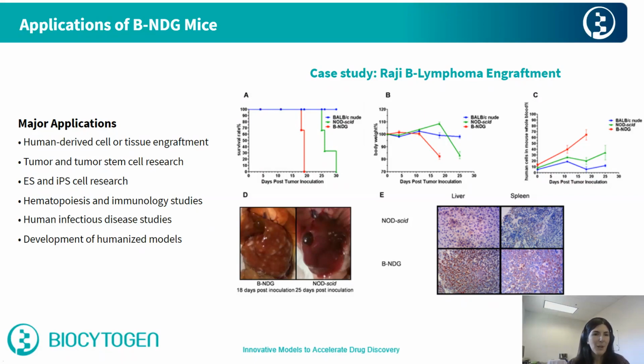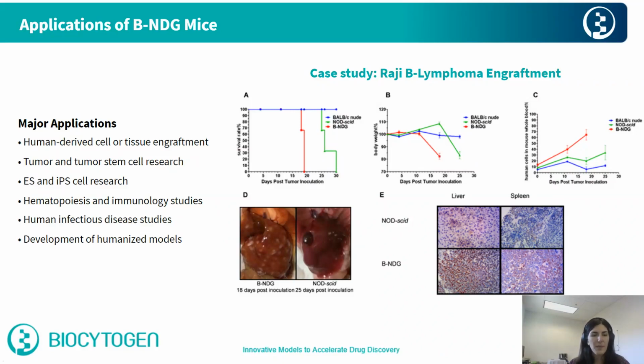Similarly, basic hematopoiesis and immunology studies are often carried out in these mice to discover the alterations in hematopoietic or leukemic cell potential or transformation potential, as well as in the context of infectious disease. And finally, these models can be further engineered by introducing more human genes, for example, to support a specific human cell population of interest. And at Biocytogen, we're continually introducing new specialized humanized models for these exact purposes.